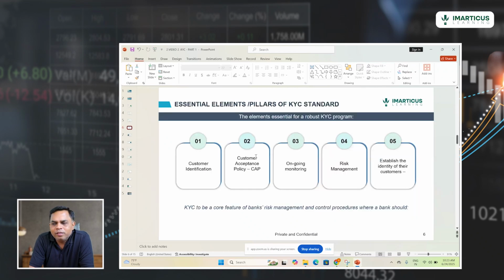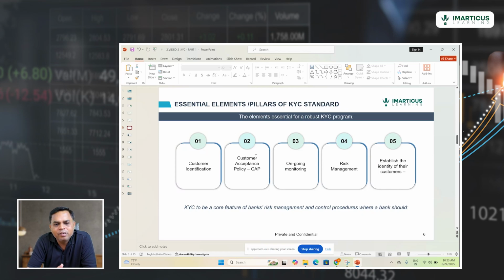Now, what are the essential elements or pillars of KYC? There are 5 pillars or elements of KYC. The first pillar is customer identification. This pillar insists that the customer needs to be identified.